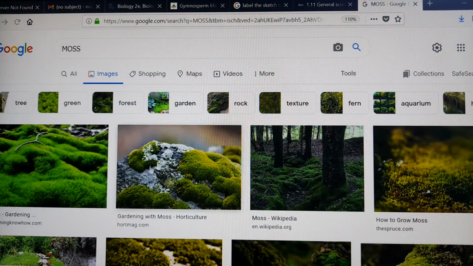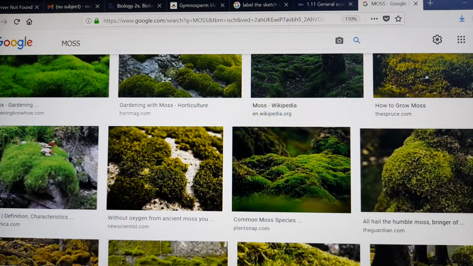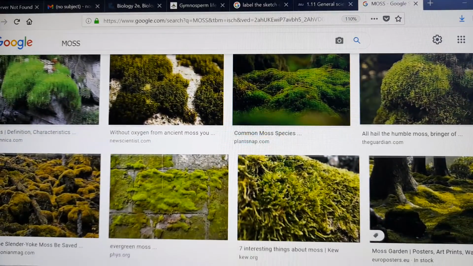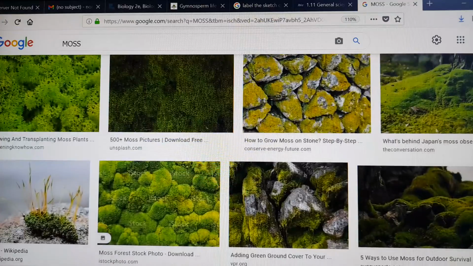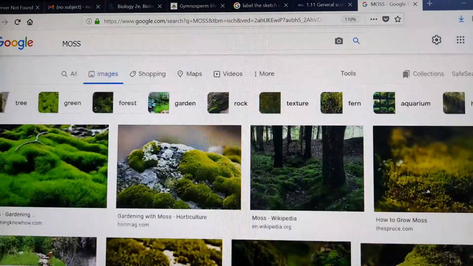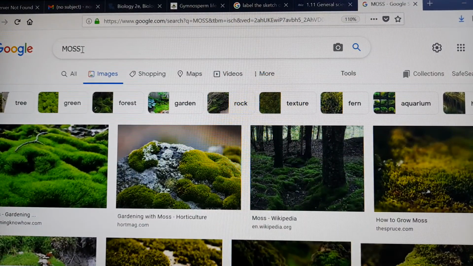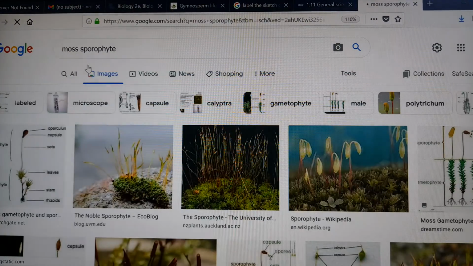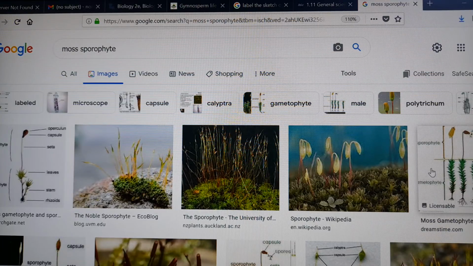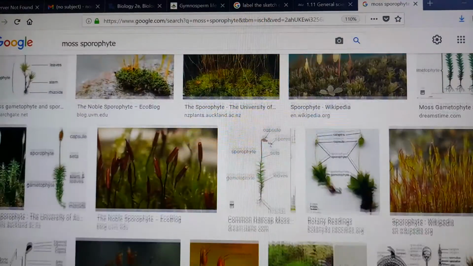You see, the moss is similar to algae, but the algae is mostly in water, and the moss is on damp, rocky areas, and they mention moss sporophyte. Let's look at the moss sporophyte.